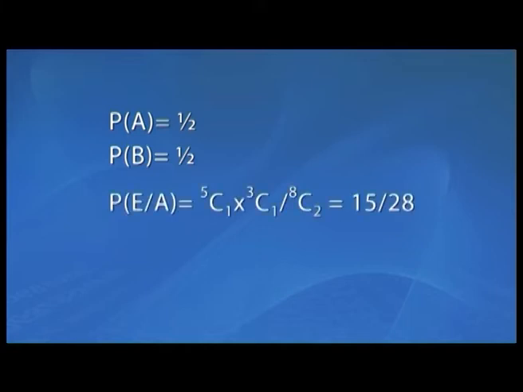Probability of selecting 1 production and 1 maintenance foreman in a selection of 2 foremen. From the first plant, we get P of E given A is equal to 5C1 into 3C1 divided by 8C2, which is equal to 15 by 28.